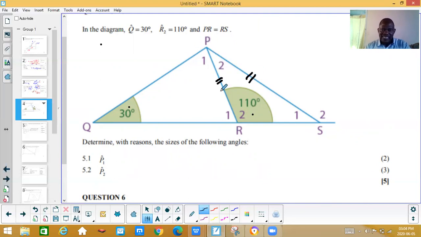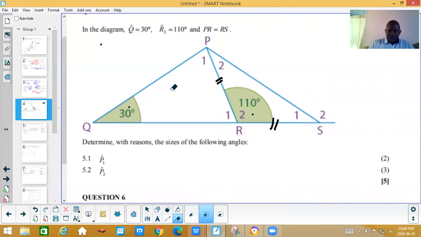In order to show that you understand, you can indicate using these lines that this line and this line are equal. Determine with reasons the sizes of the following angles.